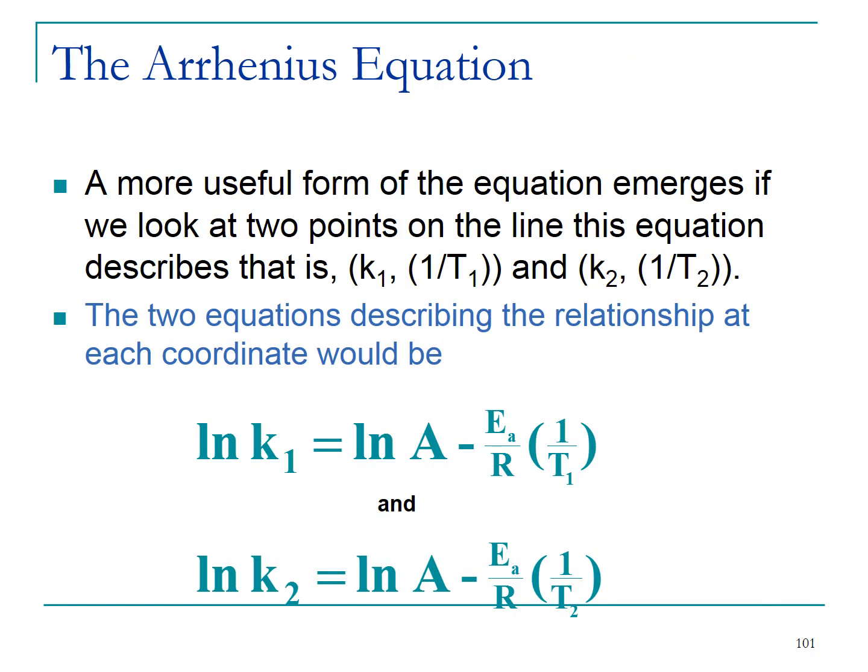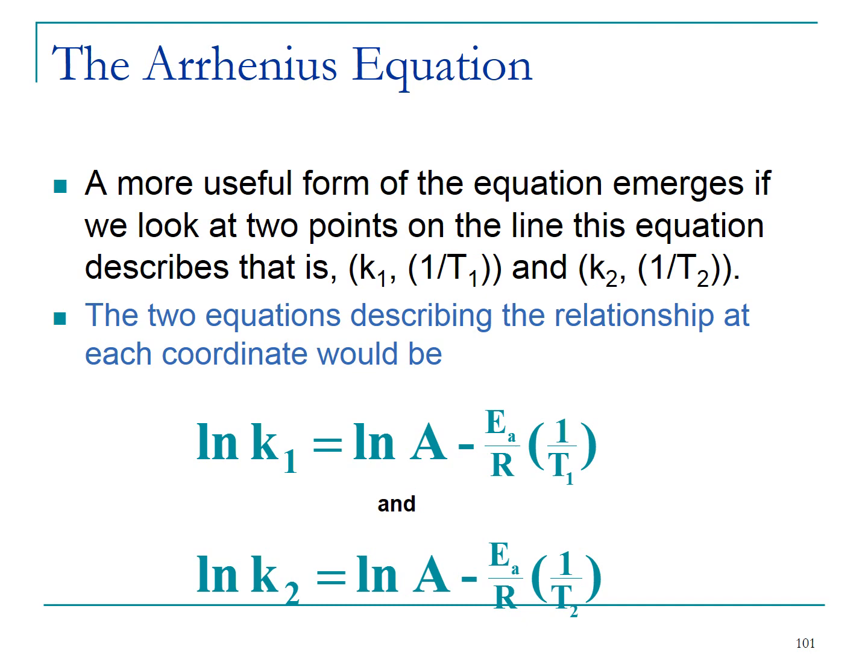What this slide is showing you is that if you take the Arrhenius equation at one temperature, they're calling that natural log K1, the rate constant at a certain temperature T1, and then rewrite the same equation at T2, giving us a new rate constant, K2.